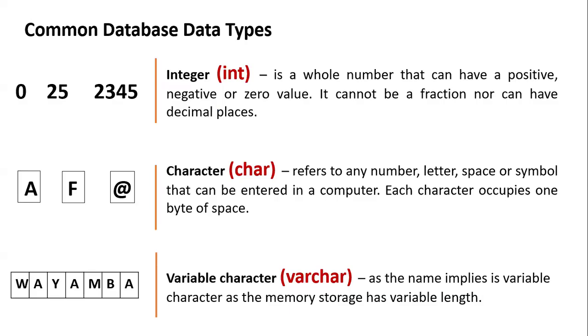Before that, children, we must know about the data types related to those attributes as well, because this is also one feature of designing databases at this logical level. So every time we introduce an attribute, we must mention what the data type of that attribute is as well. These are the common data types available in database management. There are more, but we are discussing only the common data types.